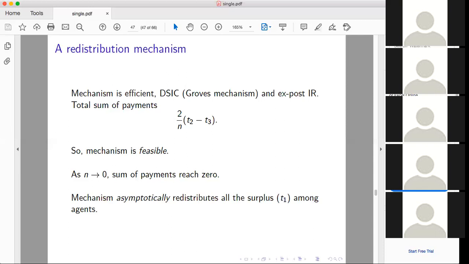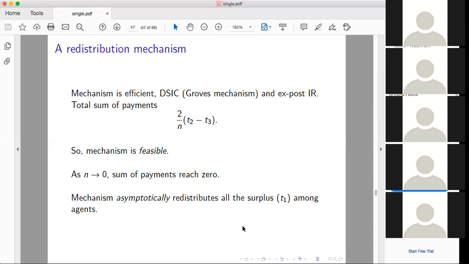So in this sense, this mechanism is a good compromise: we can never distribute everything, but here is an efficient DSIC ex post IR mechanism which is able to achieve the same thing asymptotically. That is, for at least large enough n, we are able to redistribute almost everything.